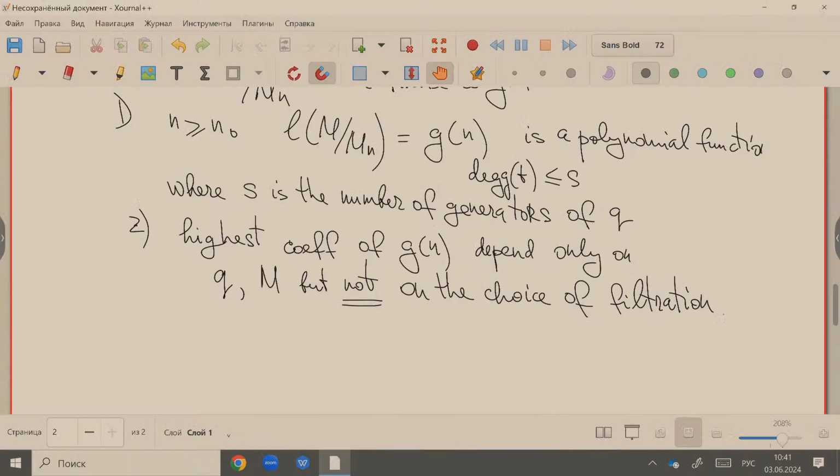Yeah. So let me just start proving this. First of all, we have to reduce it to the graded case. And we can already guess what it is.